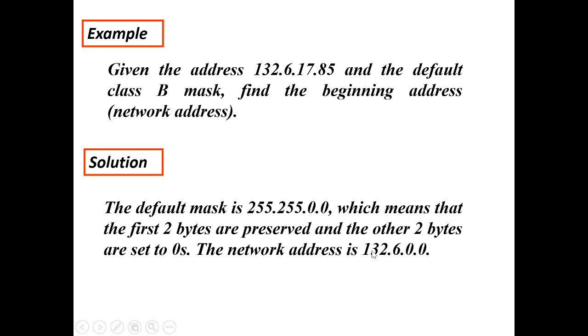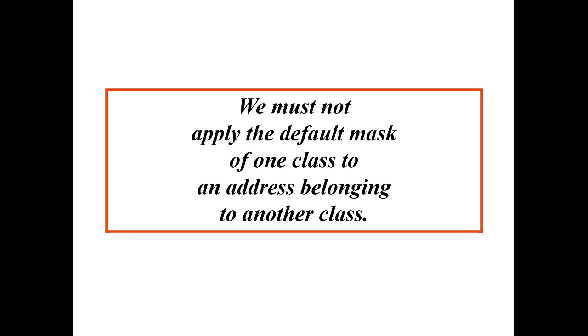So the network address is 132.6.0.0. This gives us the beginning address of the network. Remember that we must not apply the default mask of one class to an address belonging to another class.